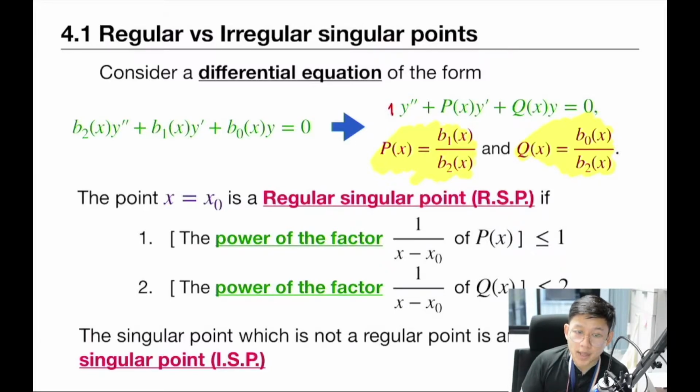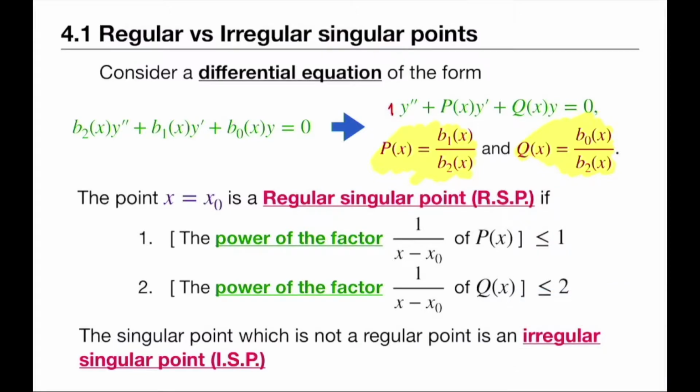Basically I want to make the coefficient of y double prime 1. The point x equals x0 is a regular singular point if the power of the factor 1 over (x minus x0) in P(x) is less than or equal to 1, and the power of the factor 1 over (x minus x0) in Q(x) is less than or equal to 2.